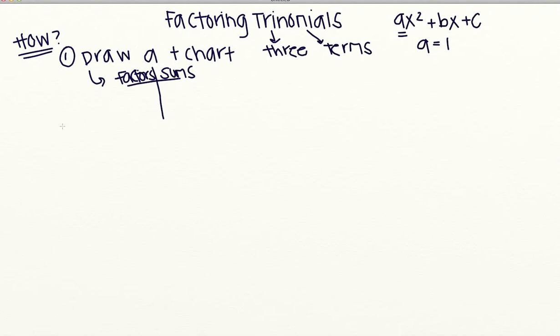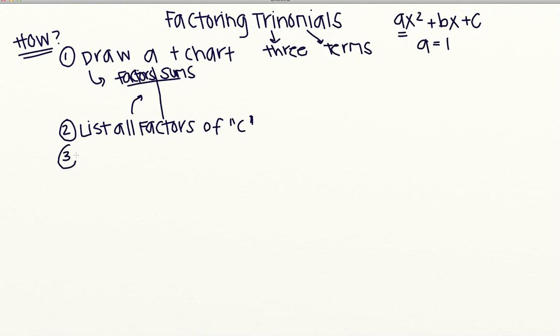And then step number 2, we're going to list all the factors of our C term. And that C term, the one over here, that's the last term in our trinomial. It's the one that doesn't have a variable, no x. And we're going to do that in our factors column.